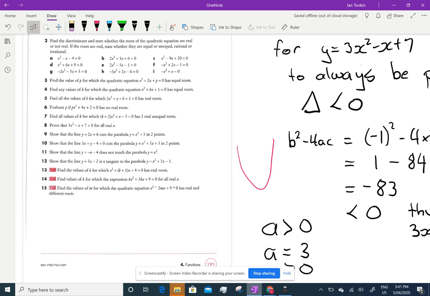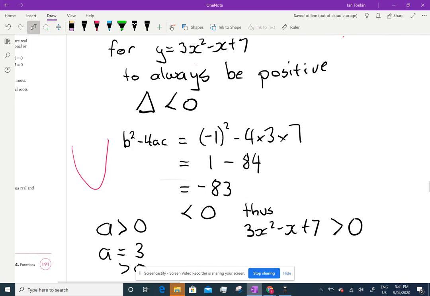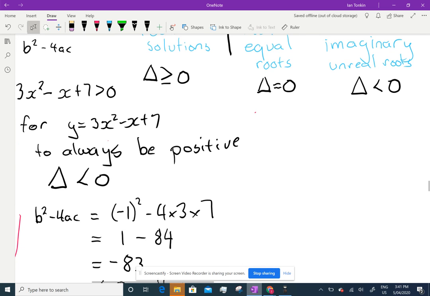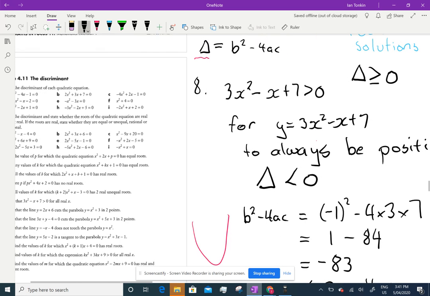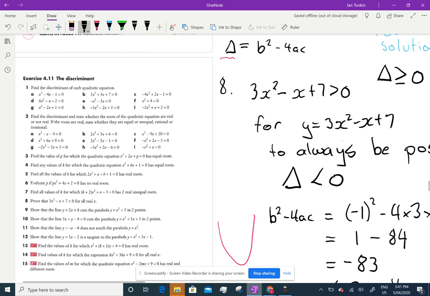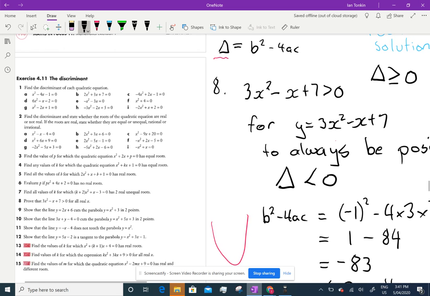Question 9. Show that the line cuts the parabola in 2 points. So here's question 9. We've got this parabola, y equals x squared plus 3.